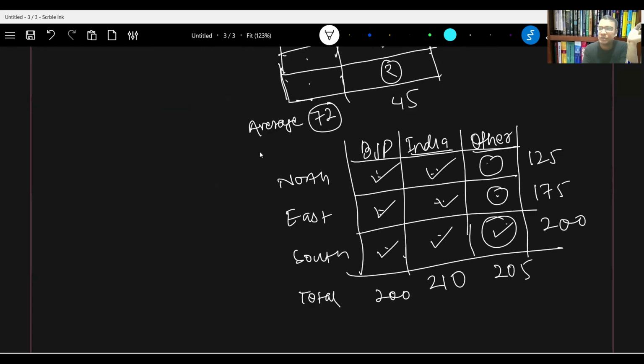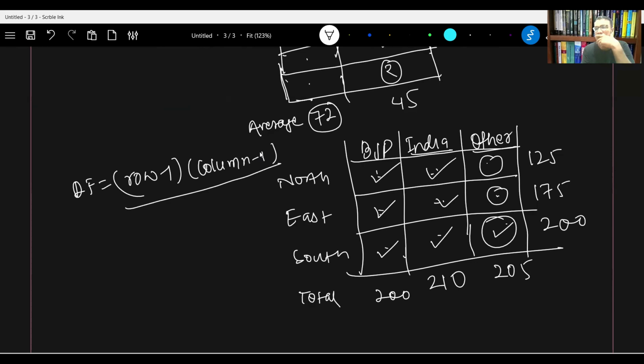Just use the degree of freedom: row minus 1 into column minus 1. How many rows here? 1, 2, 3, minus 1. And how many columns? 1, 2, 3, so 3 minus 1.